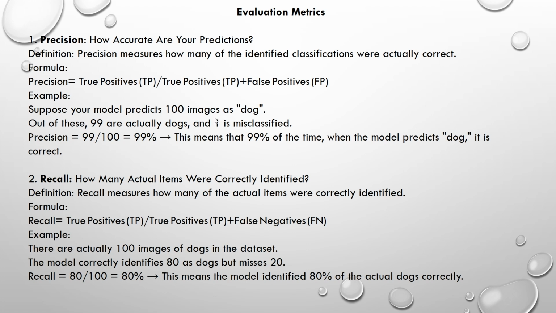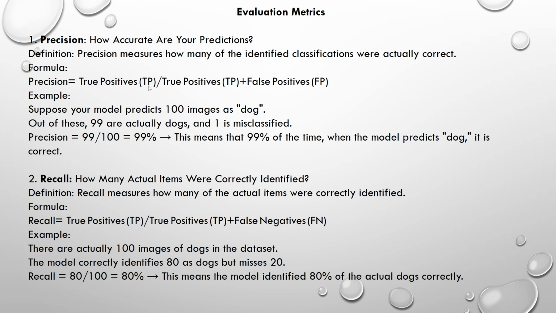It was that of a cat. But the model classified it into the dogs category. So 99 was correct, but one was misclassified. So in this, 99 is called the true positive, where the model was truly able to identify the correct category or the correct object in the case of object detection.